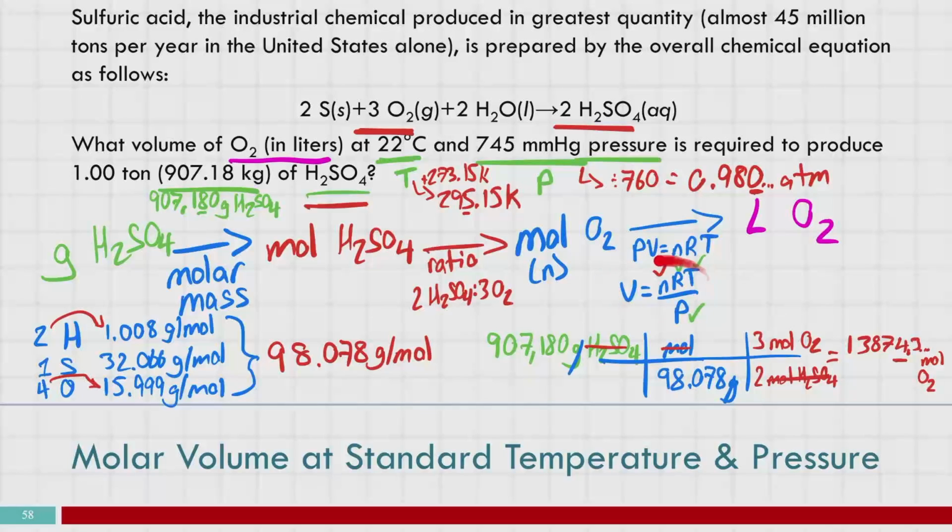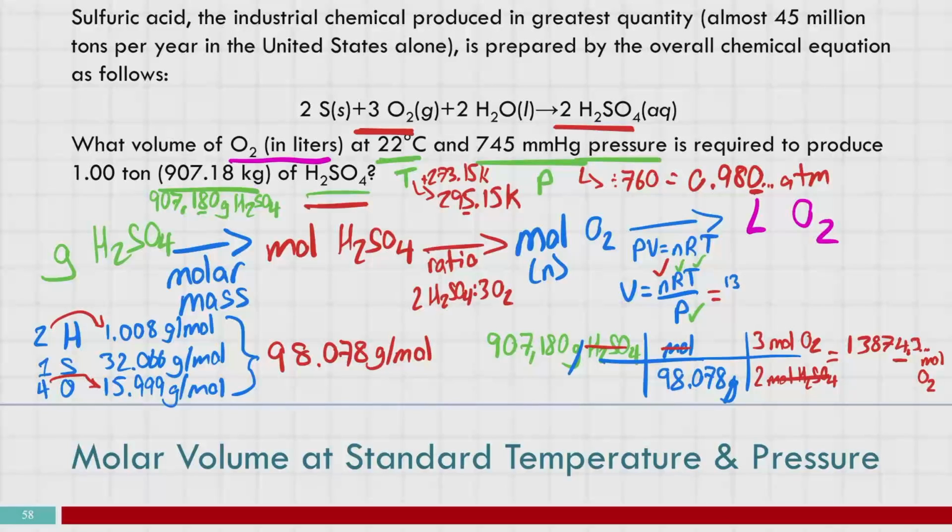Okay, so V equals nRT over P. We've got everything we need. We've got the pressure, we've got the T, we've got the N, and R, of course, is given to us. And now we get to write all of the numbers in.